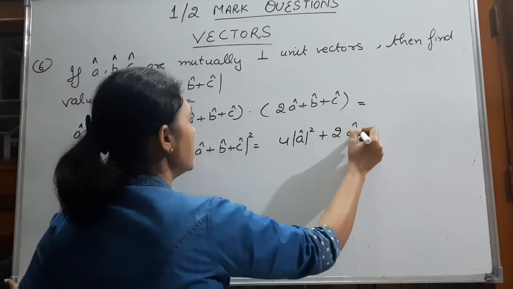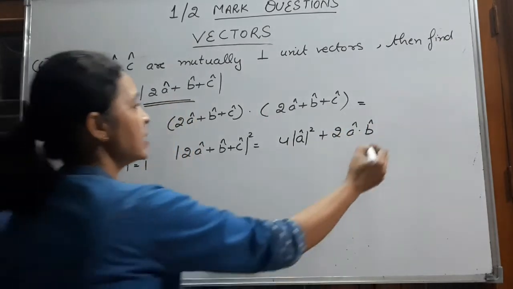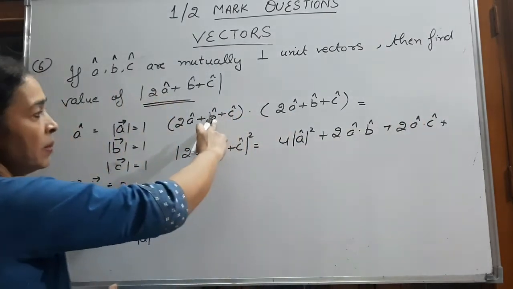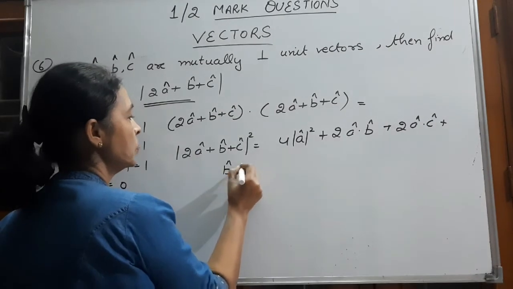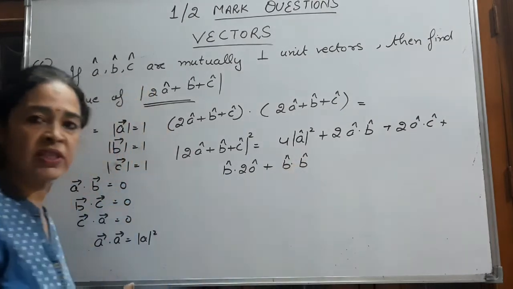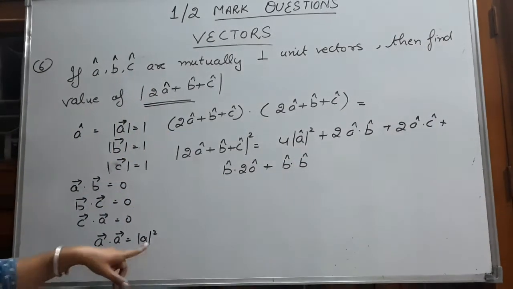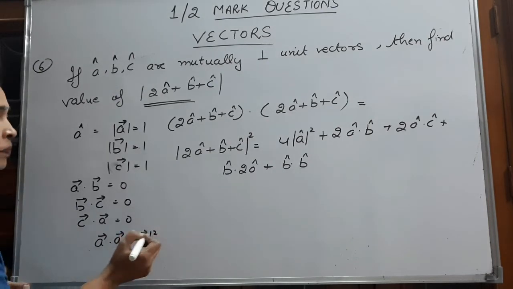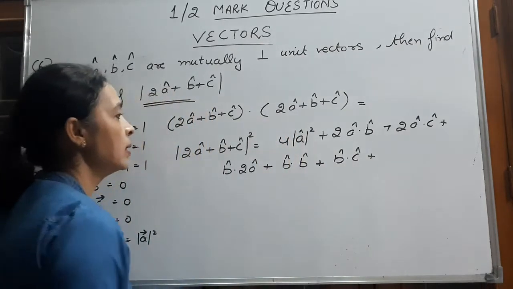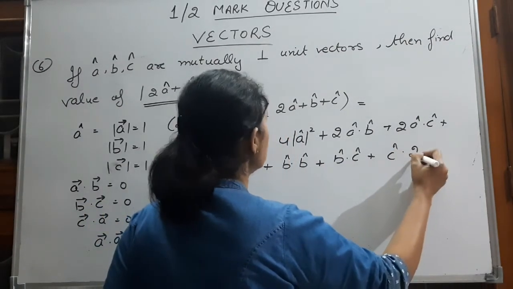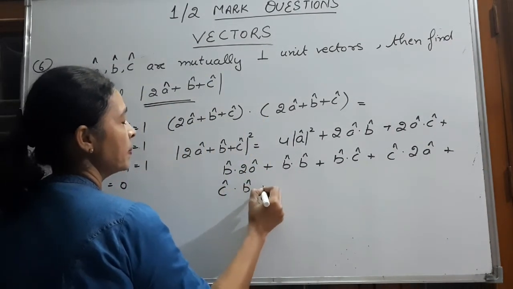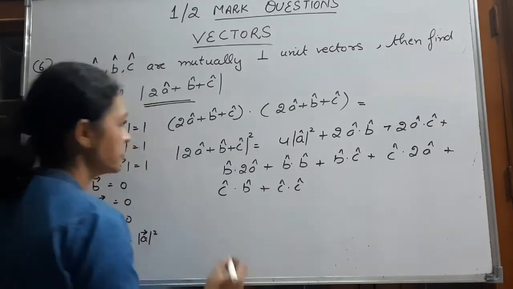2 A cap dot B cap plus 2 A cap dot C cap plus B cap dot 2A cap plus B cap dot B cap, which is equal to the magnitude of B cap whole square plus B cap dot C cap plus C cap dot 2A cap plus C cap dot B cap plus C cap dot C cap.